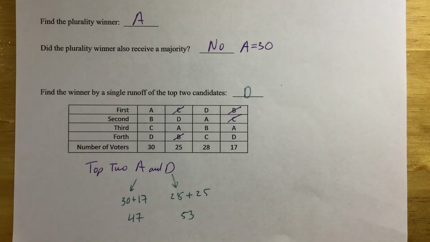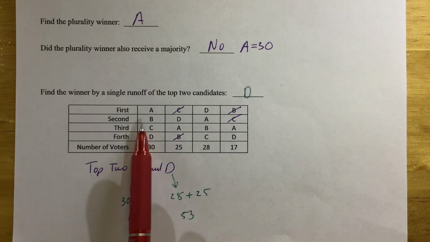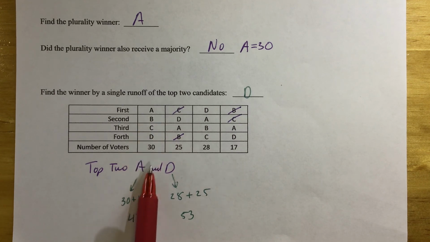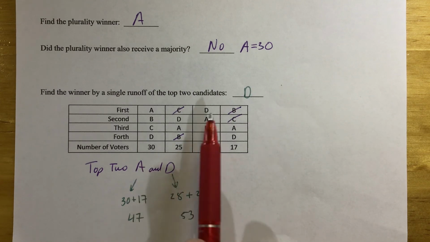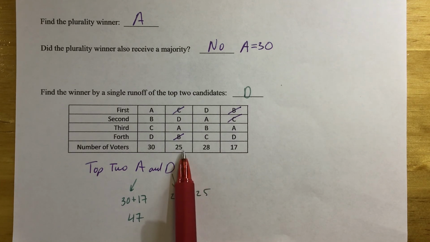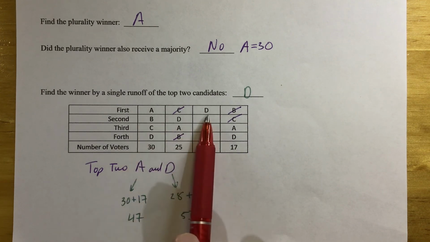We look at those 2 and see who does better overall. We already know that our top one at the beginning here is A with the 30 votes. The other candidate in our top 2 would be D. Remember I mentioned D is right behind A. Technically C is really not that far behind either, but with this method, we're just going to take the top 2, which is A and D.